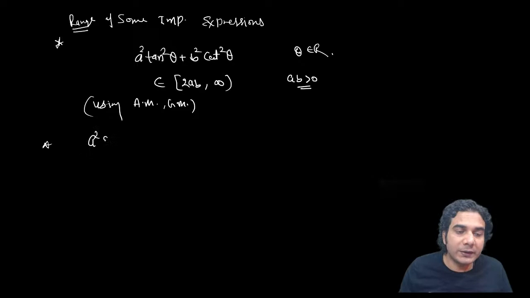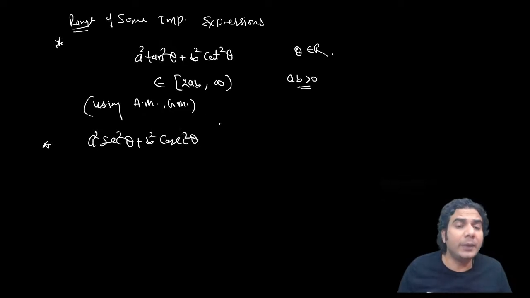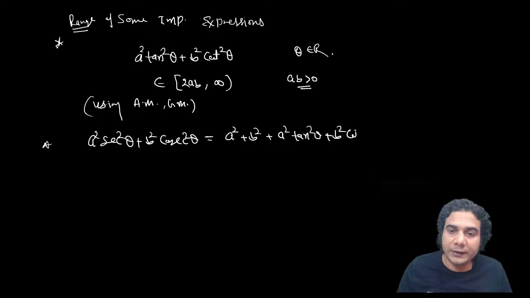Suppose you need to find the range of a square sec square theta plus b square cosec square theta. This is very important again. In many chapters, you get this expression. In this case, you write it in terms of tan and cot: a square plus b square plus a square tan square theta plus b square cot square theta.